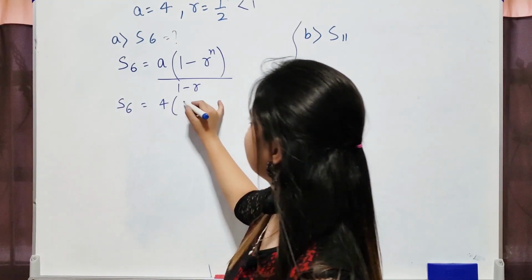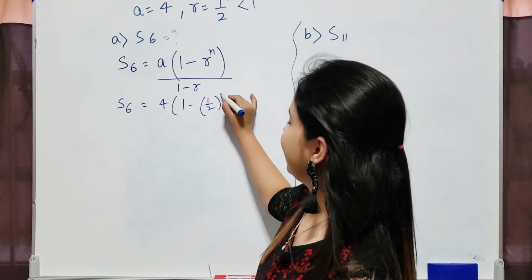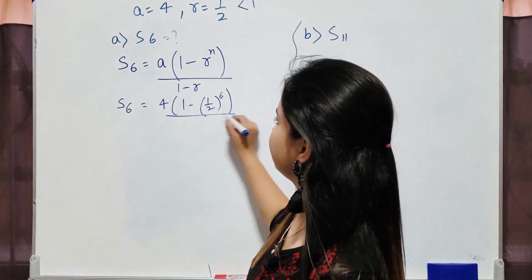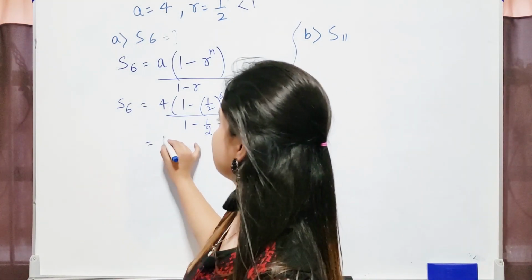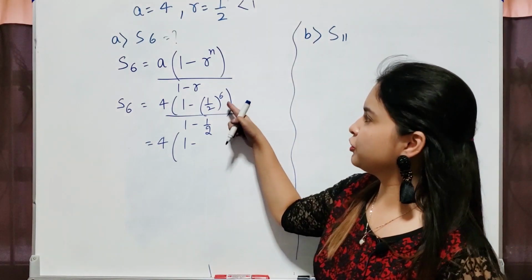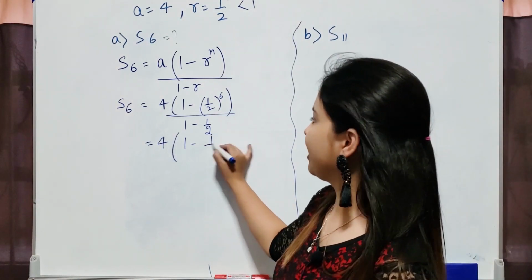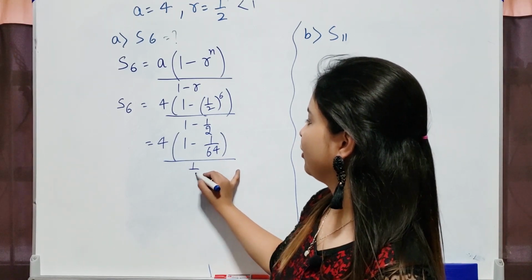A is 4, R is 1 over 2, n is 6, divided by 1 minus 1 over 2. This is 4, 1 minus 1 over 2 raised to power 6 is 1 over 64, whole divided by 1 over 2.